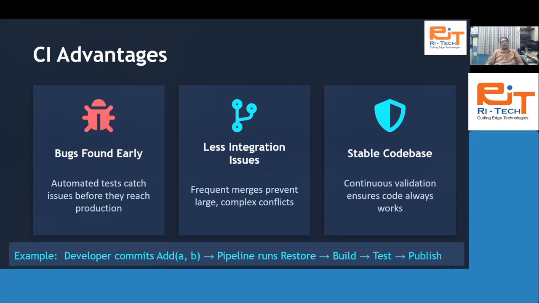Now, what are the CI advantages? Bugs are found early: automated tests catch issues before they reach production. Fewer integration issues: frequent merges prevent large, complex conflicts.